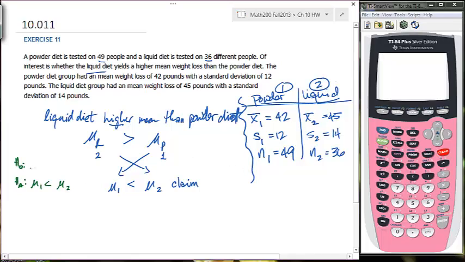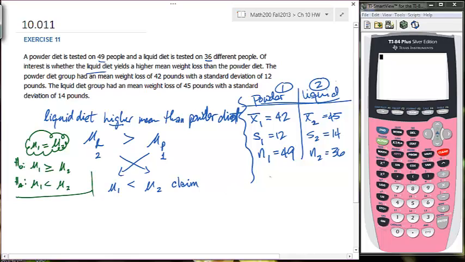Which means our null hypothesis, now there's two ways to write our null hypothesis. One way to write our null hypothesis is the exact opposite of this, which now contains a condition of equality, or another way to write the null hypothesis is to write it with an equal sign. So either of those would work for a null hypothesis.